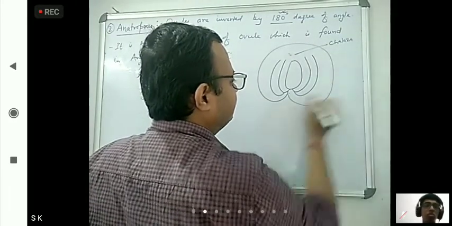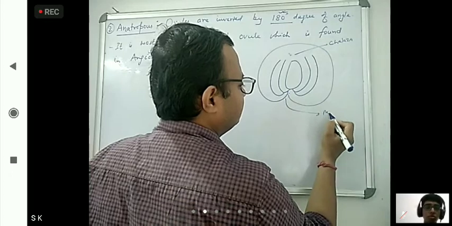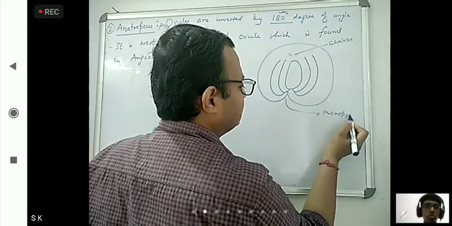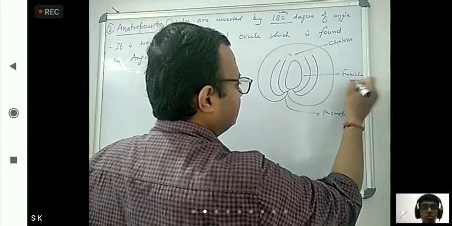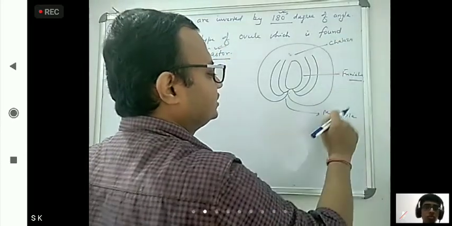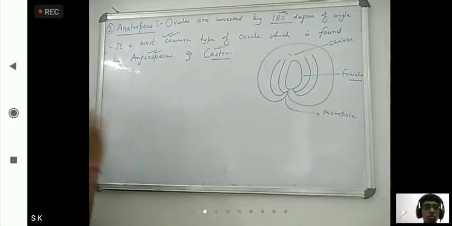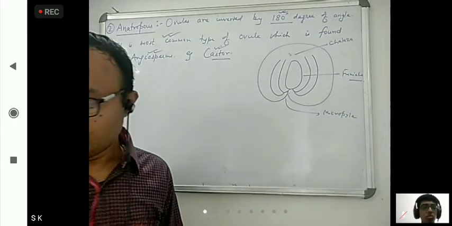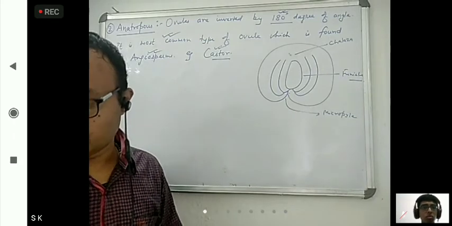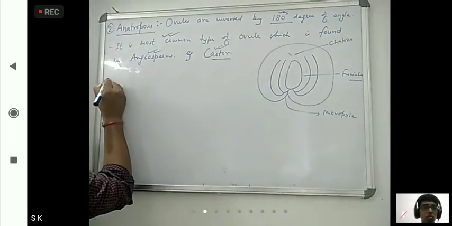Here chalaza will be there. Here micropyle. This funicle. Okay, so here what happens? Funicle and chalaza just reverse by 180 degrees. So it is anatropous. Okay, next is amphitropous. Third one is amphitropous.